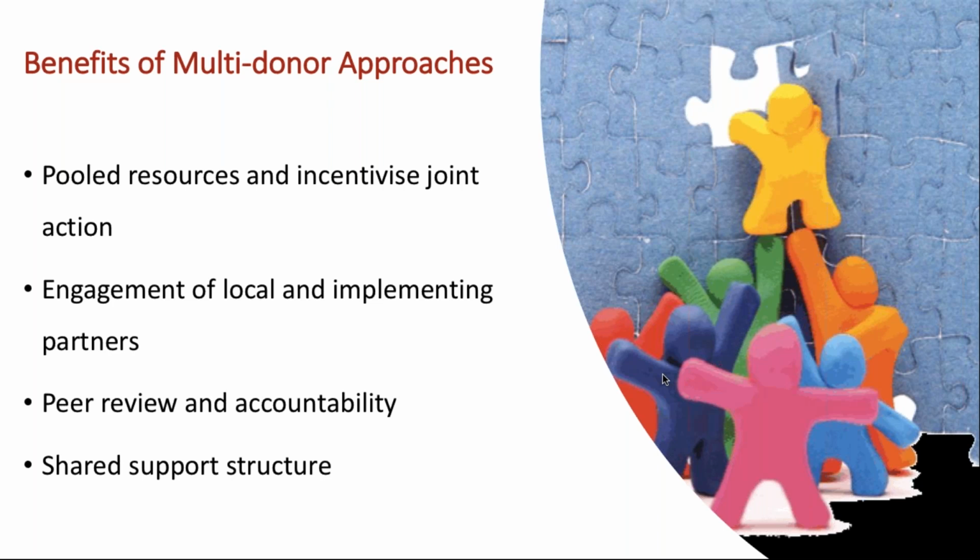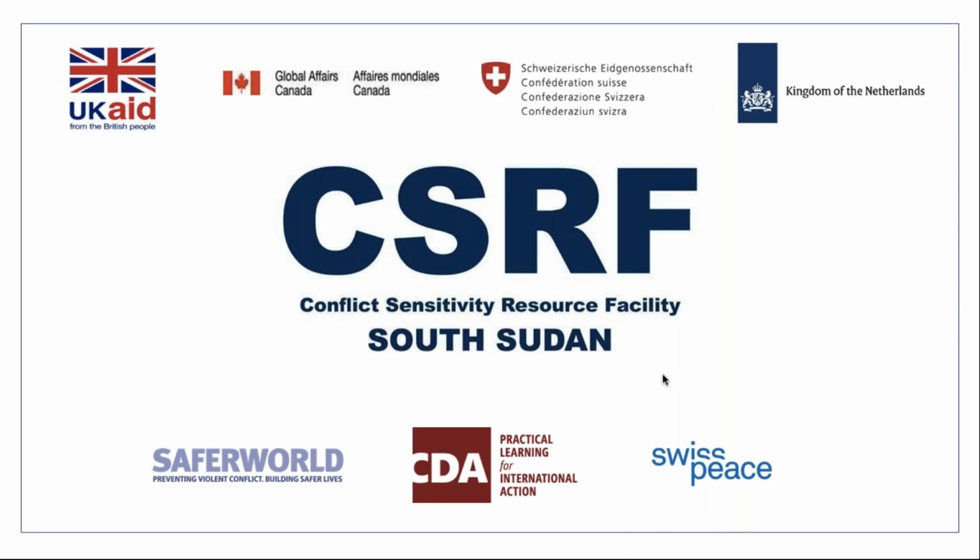And lastly, a shared support structure that comes from a joint multi-donor facility enhances the strategic collaboration among the donors, but also among implementing partners. Some of them are funded by multiple donors. This also increases efficiency, not just effectiveness, but also efficiency and the value for money.